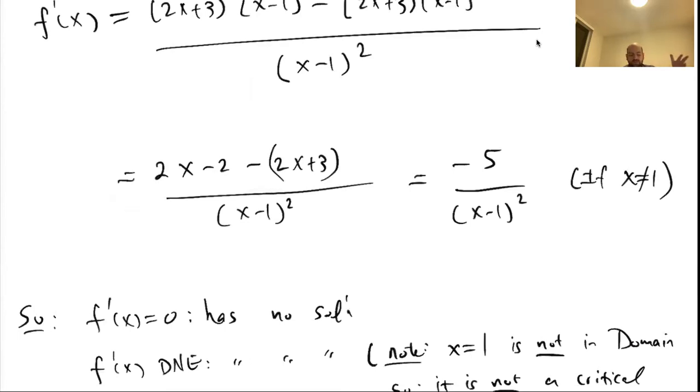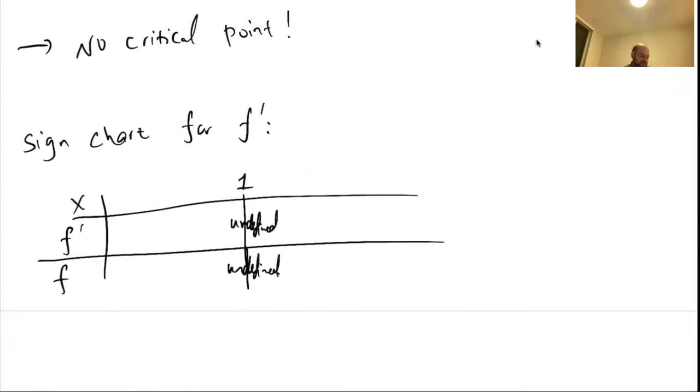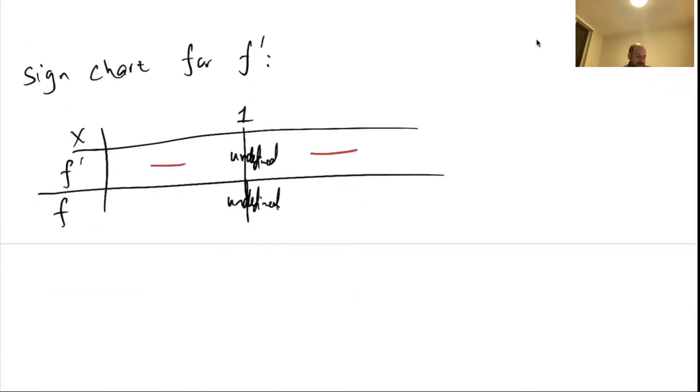But apart from 1, x minus 1 the whole squared is a positive number. -5 is a negative number. Negative over positive is negative. So f prime will be negative before 1 and also after 1. And that means f is decreasing here and also decreasing here.